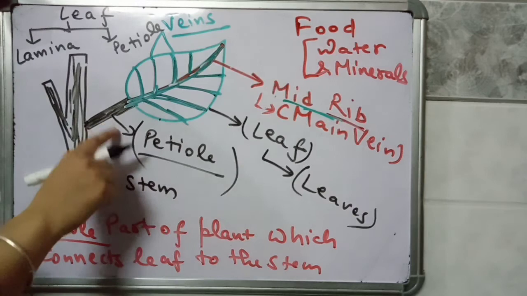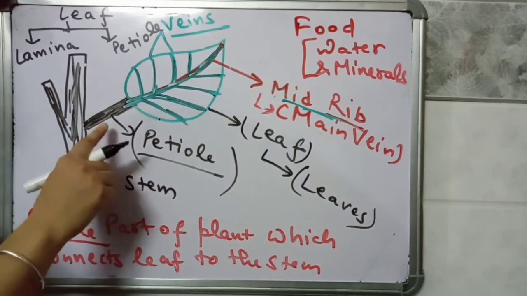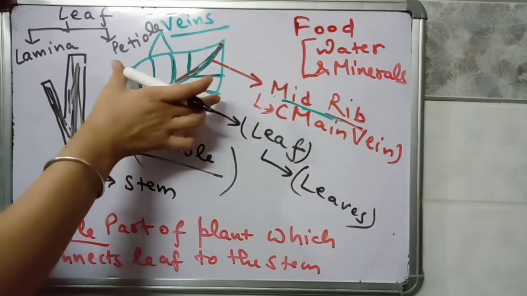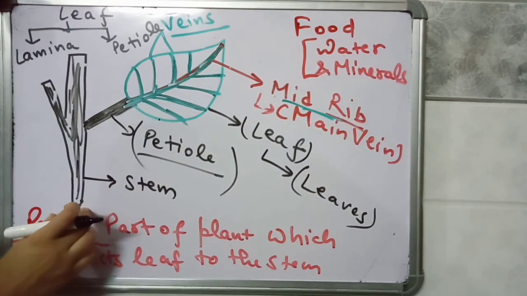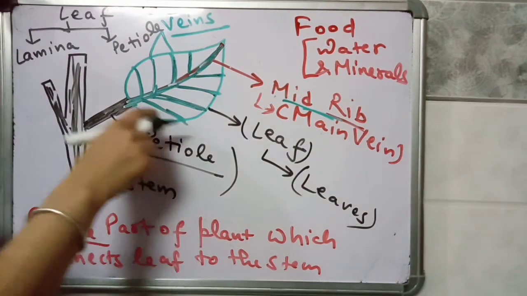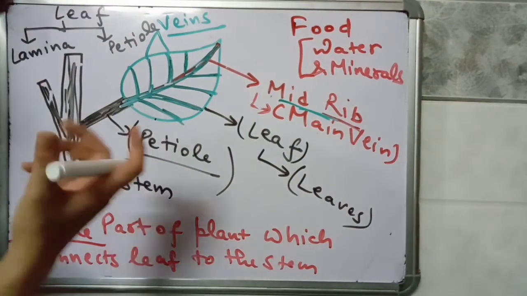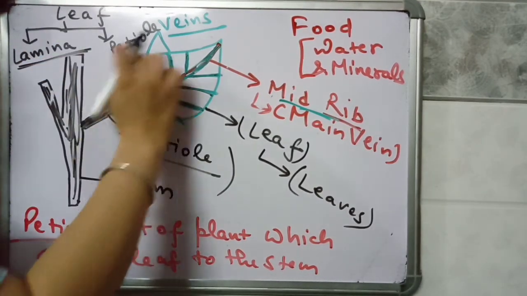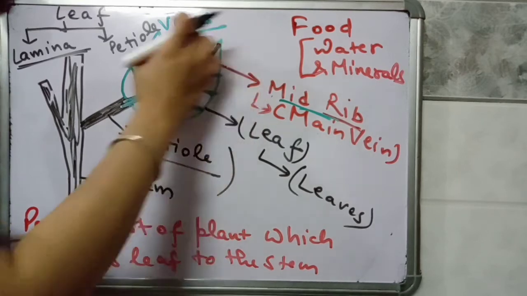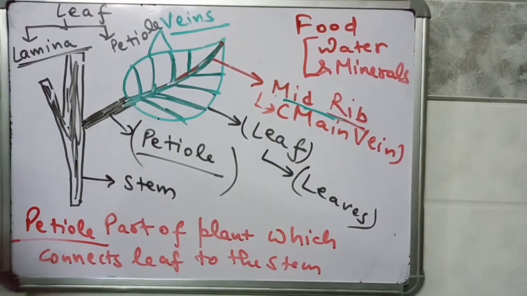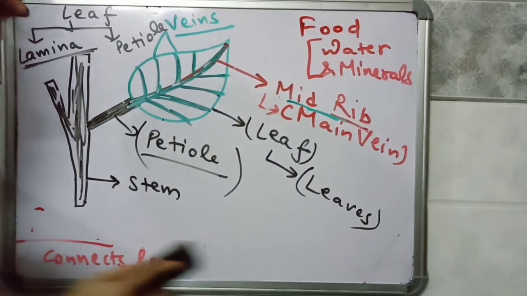We have discussed the petiole. The petiole is the part of a plant which connects the leaf to the stem or branch of a plant. What is the lamina? The lamina is this broad green structure. The broad green part of a plant is known as the lamina.